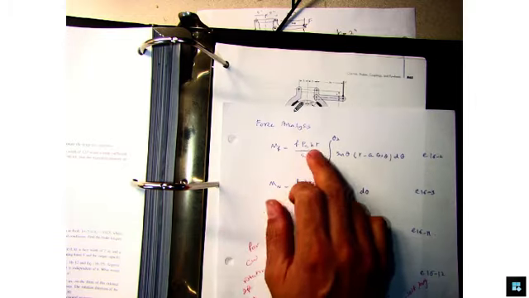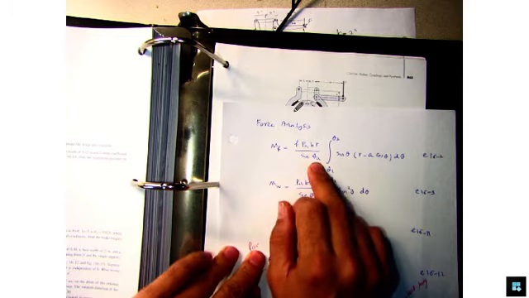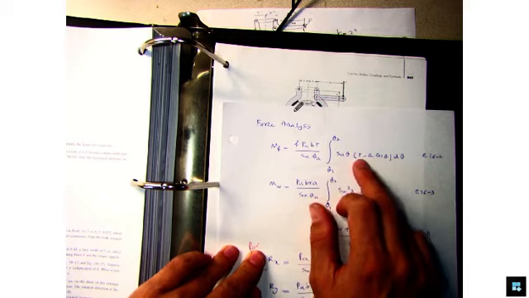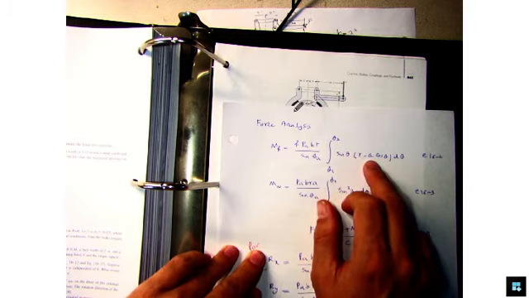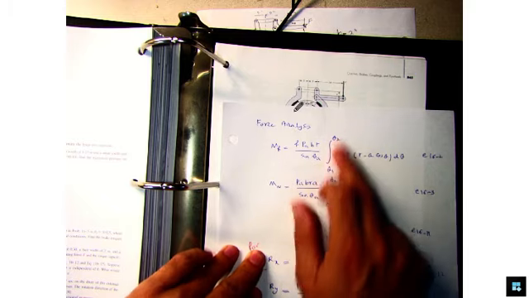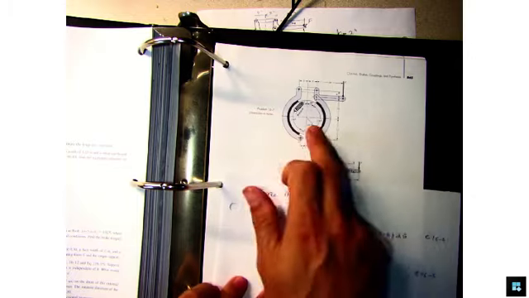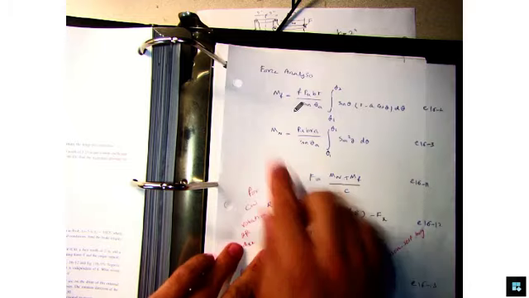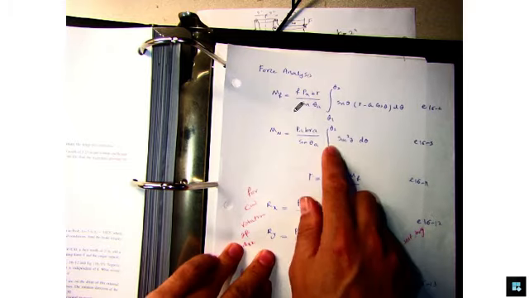B is given to me, R is given to me. Maximum pressure happens at angle 90, so theta is 90. R, I have. A, I can find. Theta 1, theta 2, looking at the geometry of the problem, I can find them. And you put them here, you will have your MF, and your MN similarly calculated.